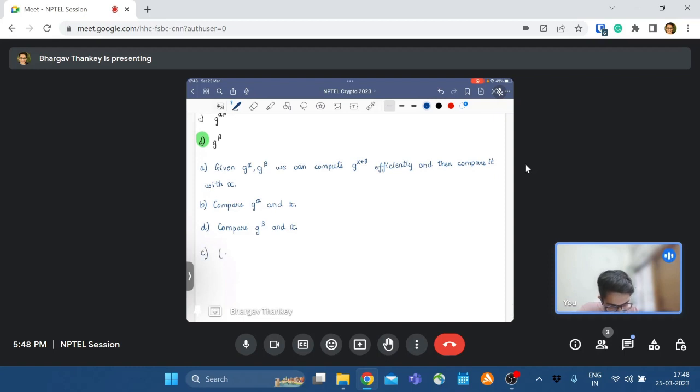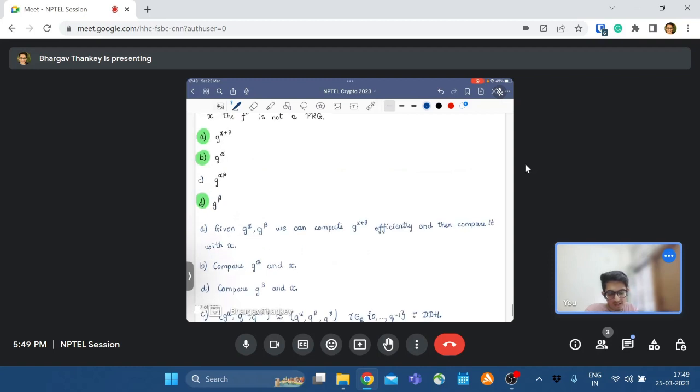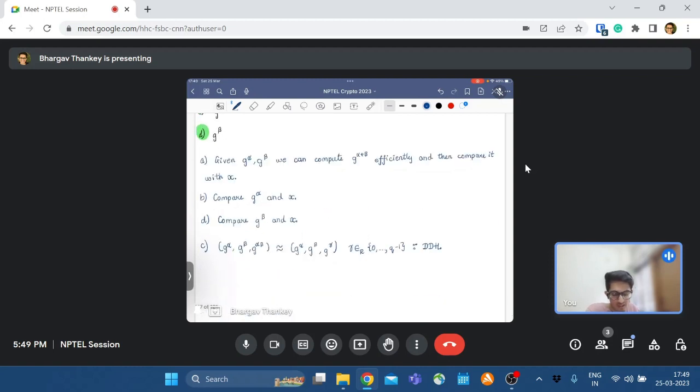In C, we have g to the alpha, g to the beta, g to the alpha beta, which is computationally indistinguishable from a random g to the alpha, g to the beta, and g to the gamma, right? So when we use A, B, and D, we won't get a PRG, but when we use C, we can get a PRG because of the DDH assumption. Is this fine?